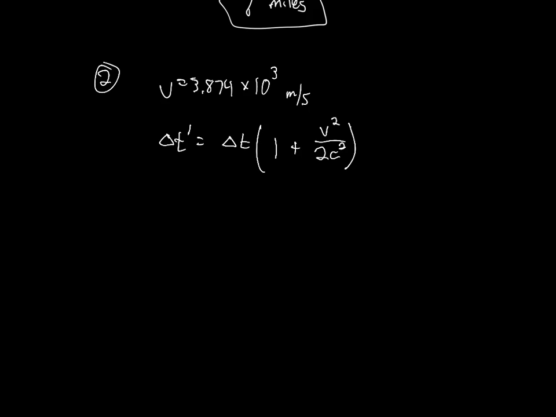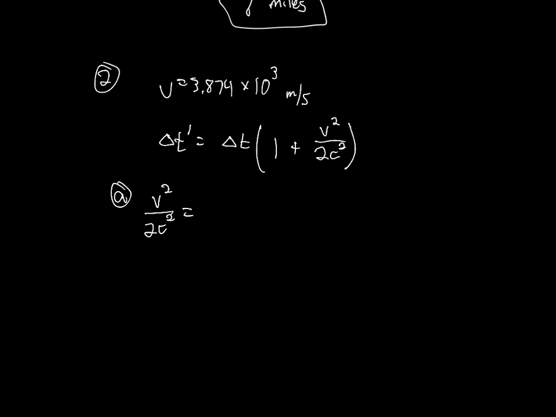The reason we do this is because it helps calculators handle rounding better. If you use the time dilation equation, calculators don't really carry enough digits to round well, so you end up with the wrong answer. So this approximation will get you to the right answer actually easier. Okay? So what they ask you to do in part A is calculate what is v squared over 2c squared.